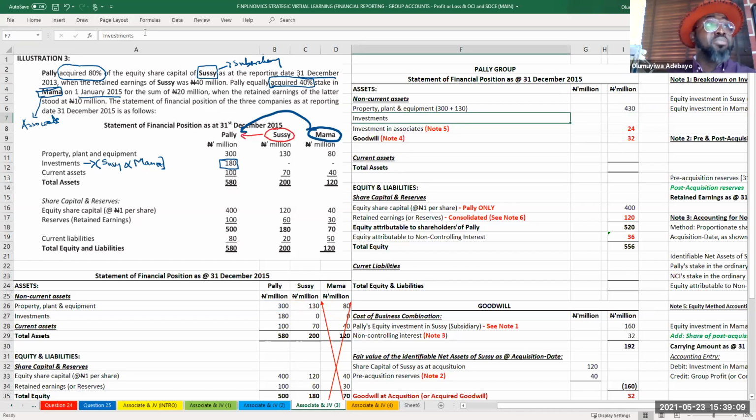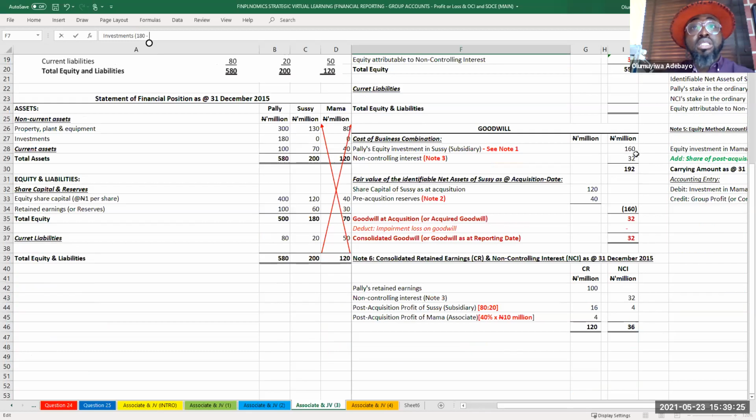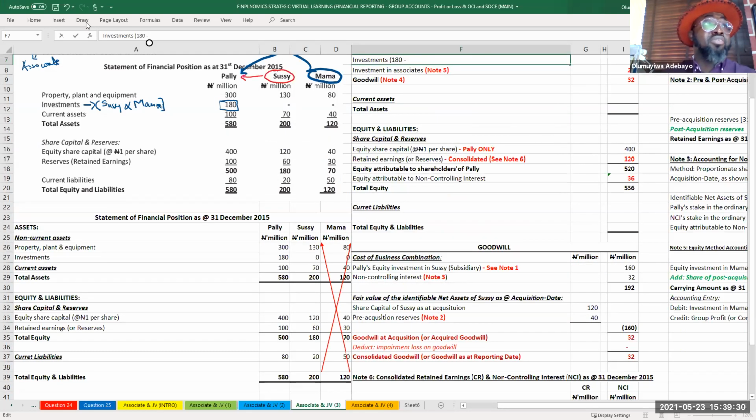Now, I have investment before. My investment before was 180. I'll put it there, 180. Upon consolidation of Susie, which is subsidiary, remember I cancelled out 160, which was investment in Susie. Therefore, that has gone out.